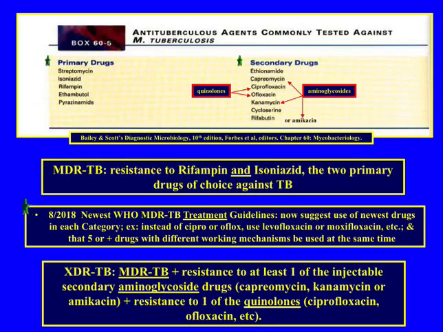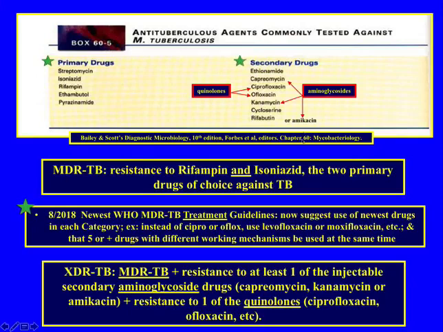The original definition of MDR-TB was resistance to rifampin and isoniazid, the two primary drugs of choice against TB. And in 2018, the newest WHO MDR-TB treatment guidelines suggest that we use for such agents newer drugs in each of the categories.